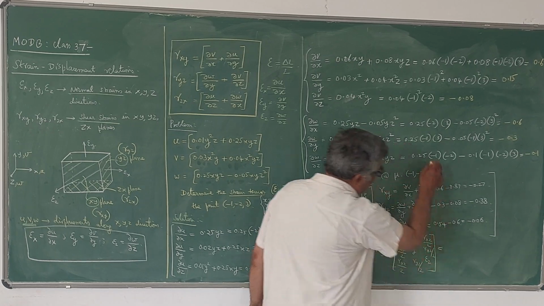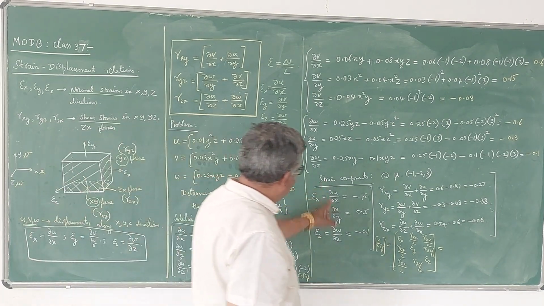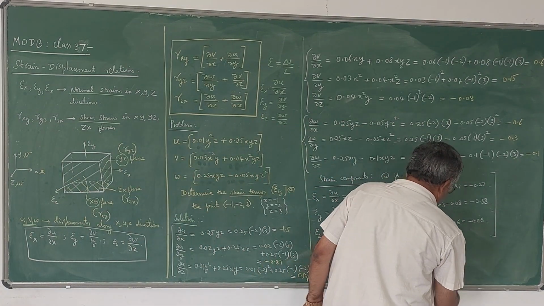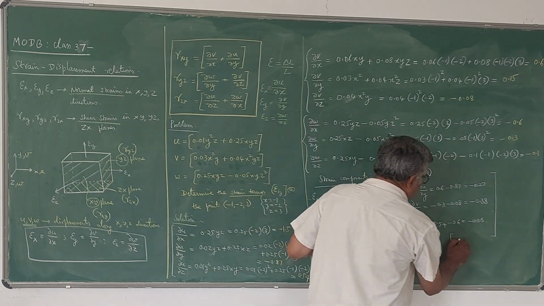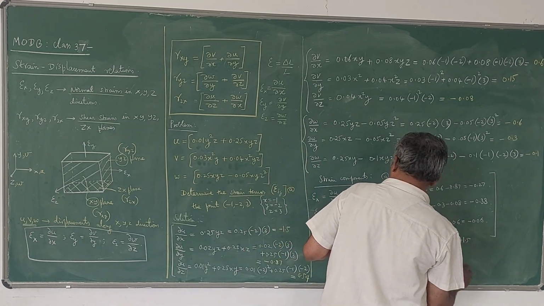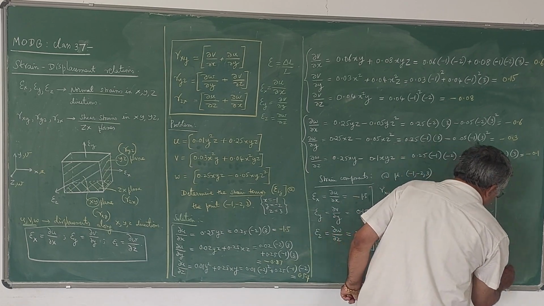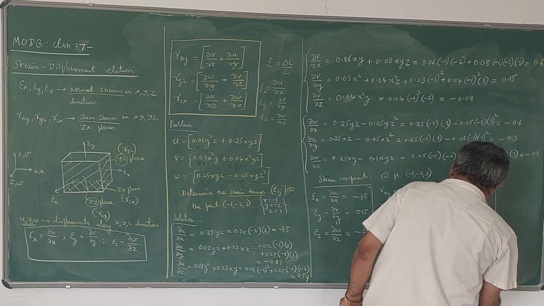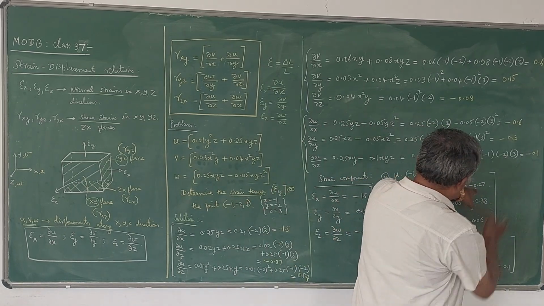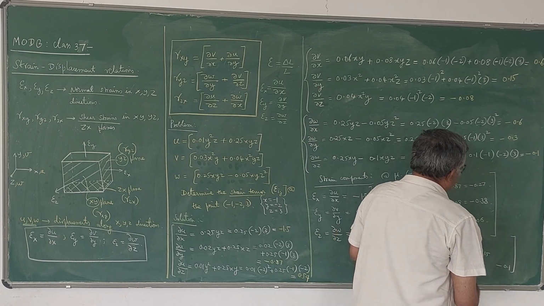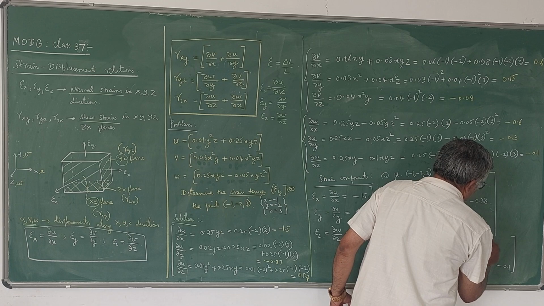Now, we know all the values. Now we can write the normal strain values will become the principal diagonal elements. Minus 1.5, 0.15, then minus 0.1, and gamma xy. So gamma xy is minus 0.27. Divided by 2 means it is minus 0.135.